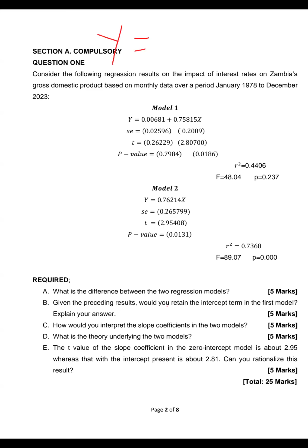The first one, y is dependent on x, is it? Or x is dependent on y. No, y is the one depending on x. You get it? Yeah. Then what is the other thing?